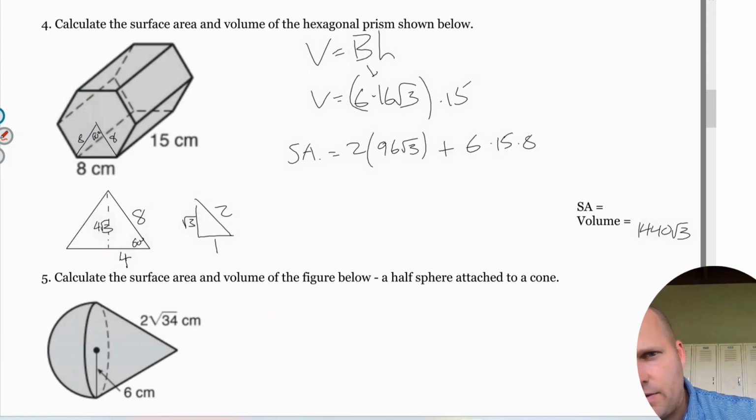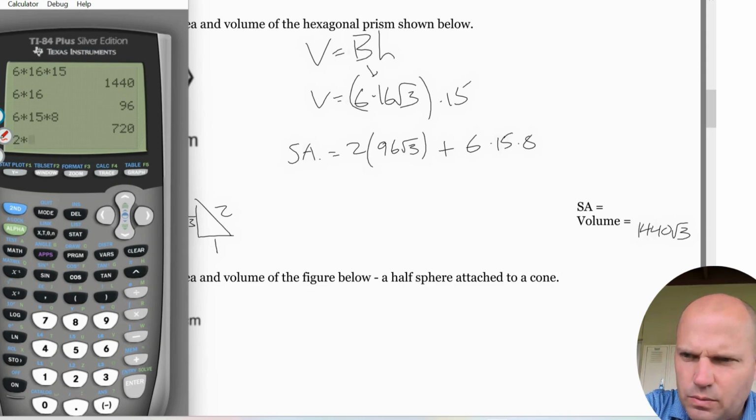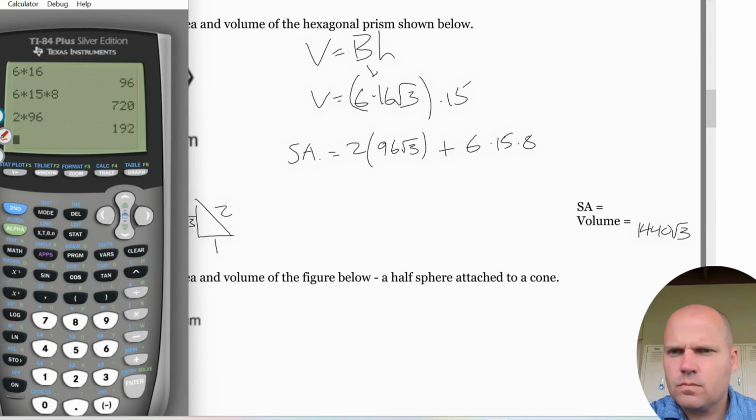Half a base times height, 6 of those is the area of the base. 96 root 3 is the area of the base. And then I have 6, 15 by 8s. So 720. And then 2 times 96 is 192.